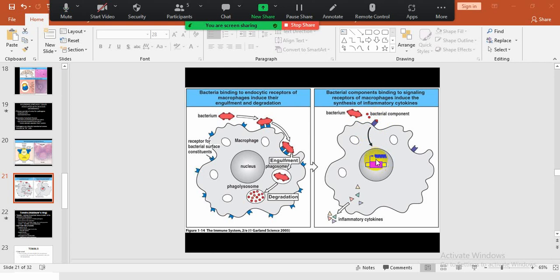So then the nucleus will now produce inflammatory cytokines. And these cytokines are chemicals that will go and fight organisms. We will look at them later in other lectures.